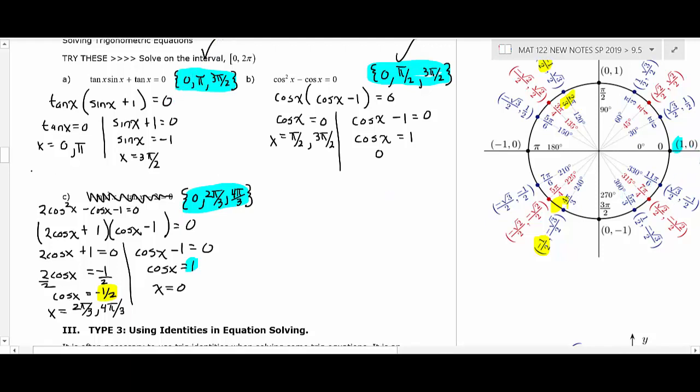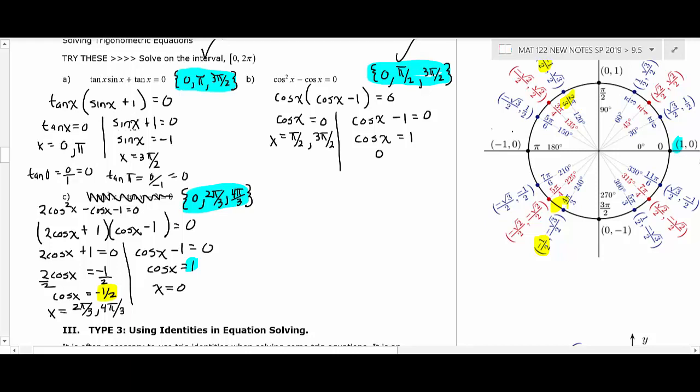So notice on this, if you do the tangent of 0 radians, you get 0 over 1, so you get 0. Same thing happens at tangent of pi. So if you do the tangent of pi, y over x is 0 over negative 1, so you get 0. So you'd have those two answers.